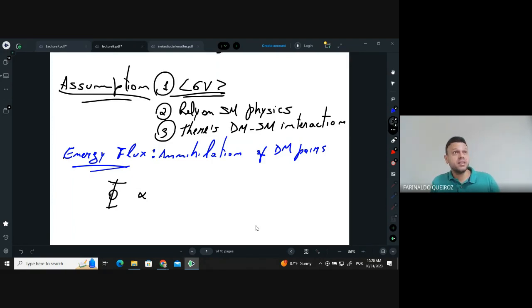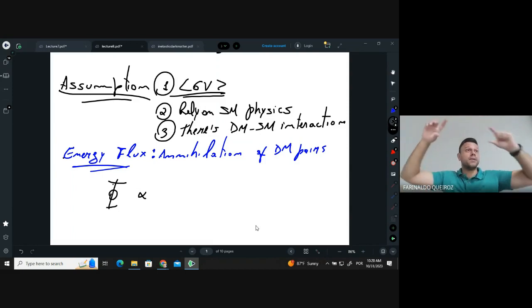At a different rate, but still interact. Because we computed the relic density comparing the sigma v, the rate, with the expansion rate. The expansion rate is cosmology. The rate is the annihilation of two dark matter particles into standard model particles. So if that happened in the early universe, it could happen today at different temperatures, but the cross-section would still be there. Not necessarily the same, but the interaction will still be there.